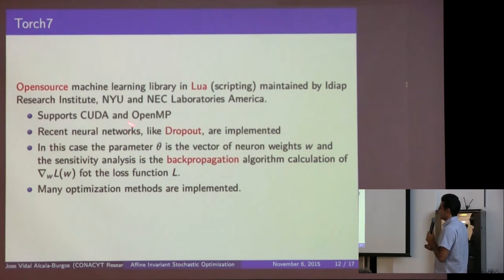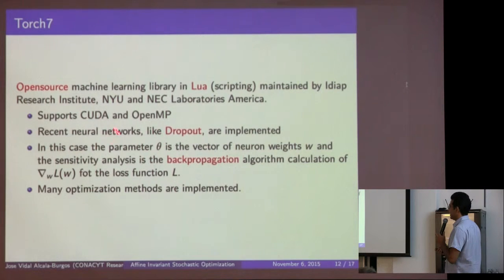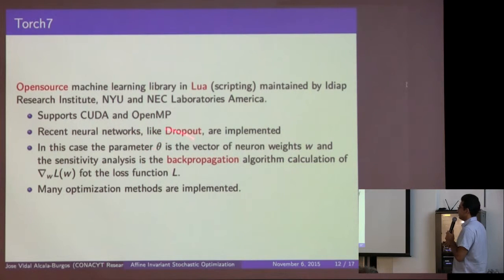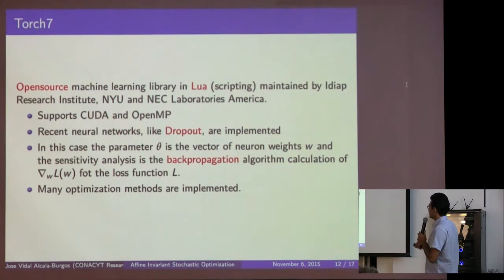I didn't get to actually write code in CUDA, but the library uses CUDA, so I can use a video card to do all the multiplications and everything that I need. And it has very recent models, right? Like, for example, Dropout, which was developed 2 or 3 years ago. So you have all the models that you want already implemented.